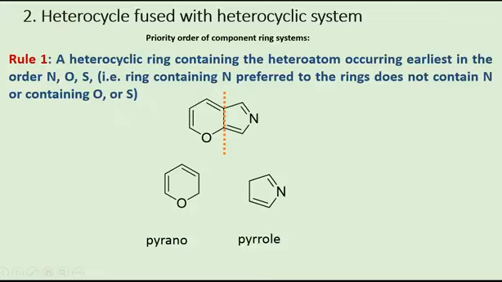Let us say in the first chance, the ring containing N should be considered as the major ring. So then pyrano ring, though it is bigger, we consider it as a minor ring. Pyrrole ring is considered as a major ring. Okay, pyrano, pyrrole.